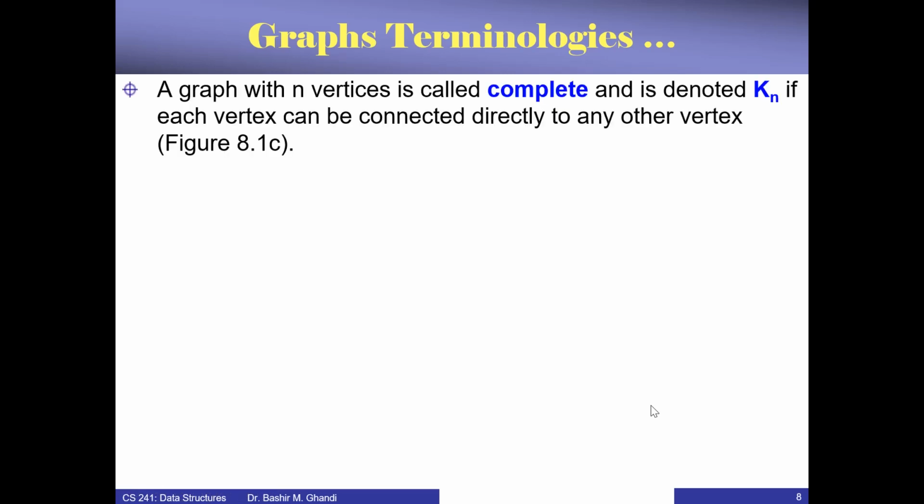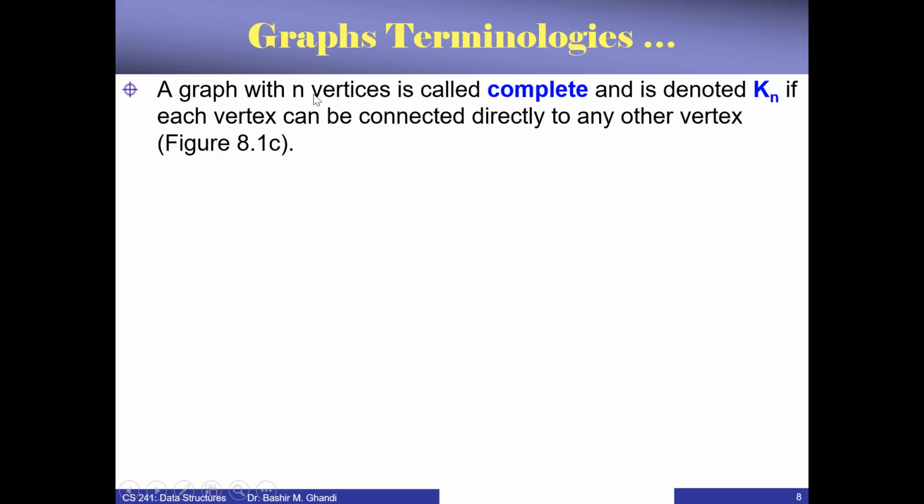Okay. More definitions. A graph with n vertices is said to be complete. Remember, we had definitions for complete tree and full tree. Now we also have a definition for a complete graph.